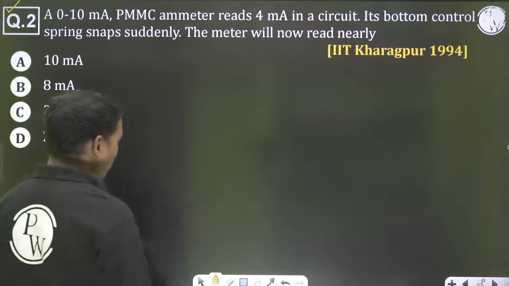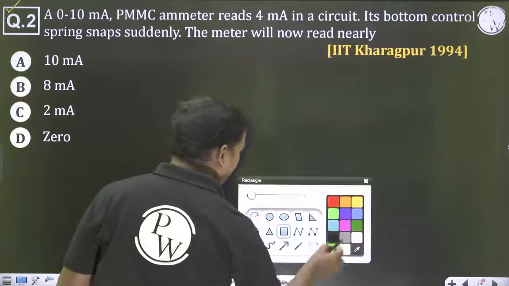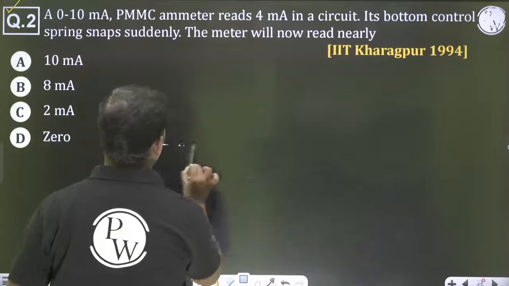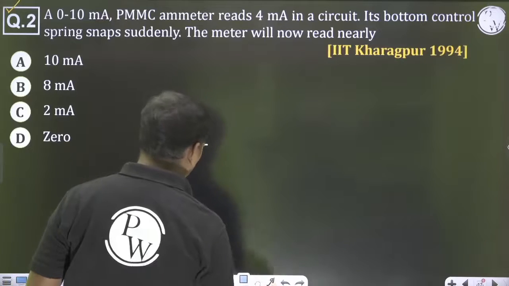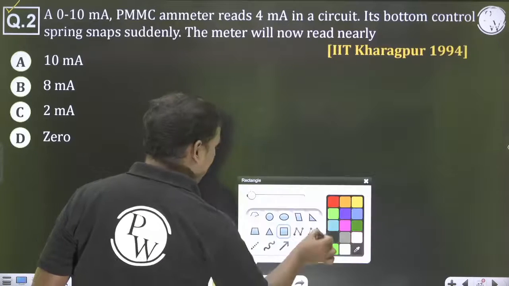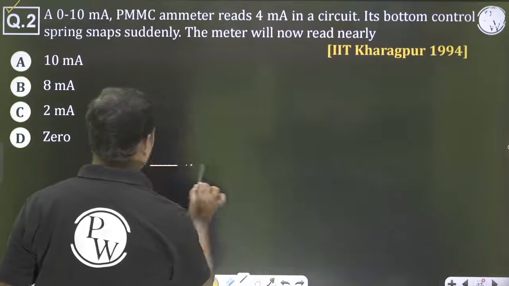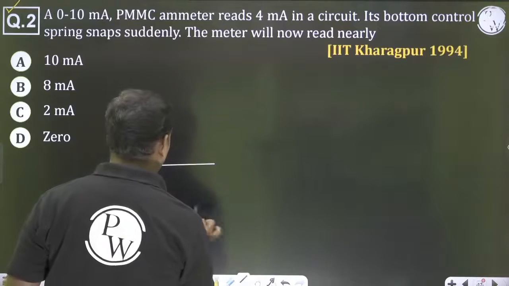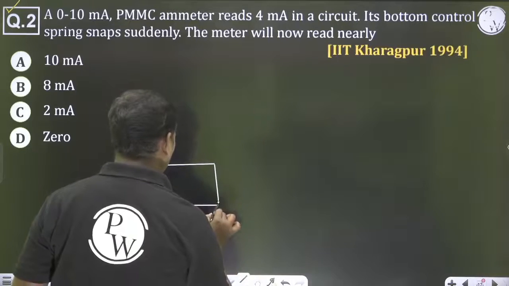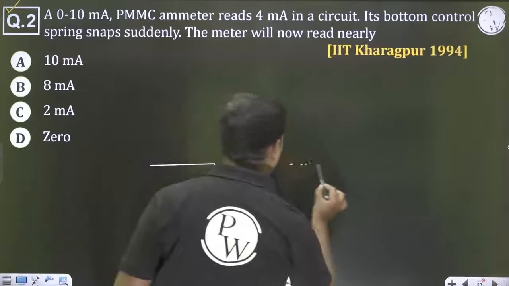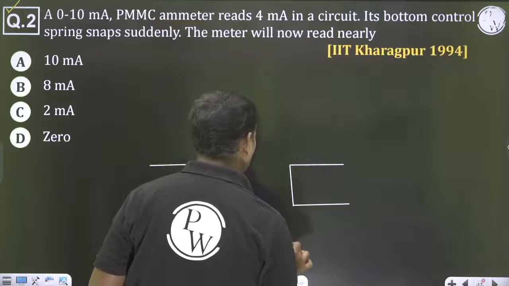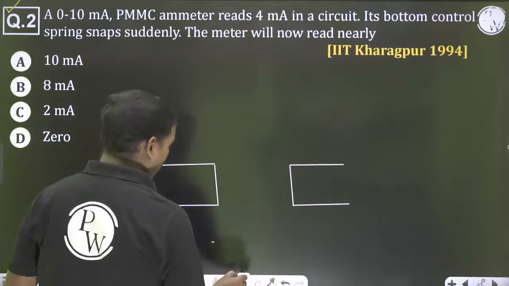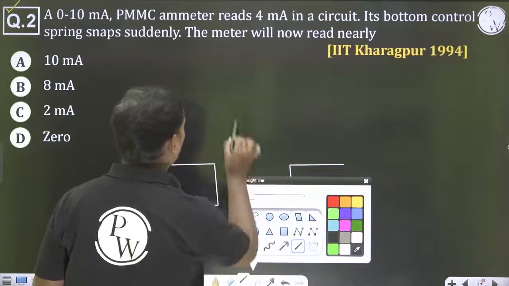See, as I told you, if you see the PMMC diagram, it contains a magnet, north pole, south pole, and in between there is a spindle.